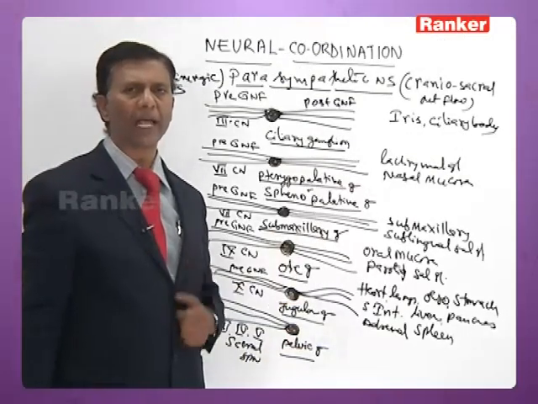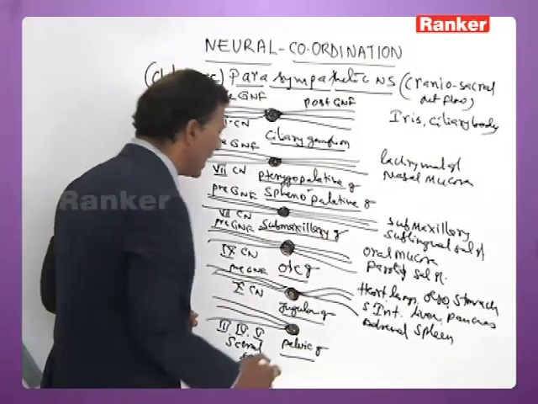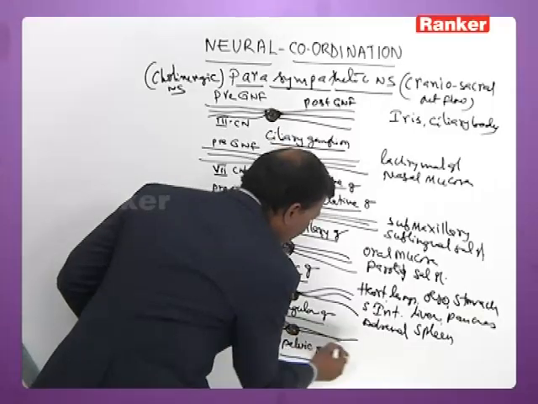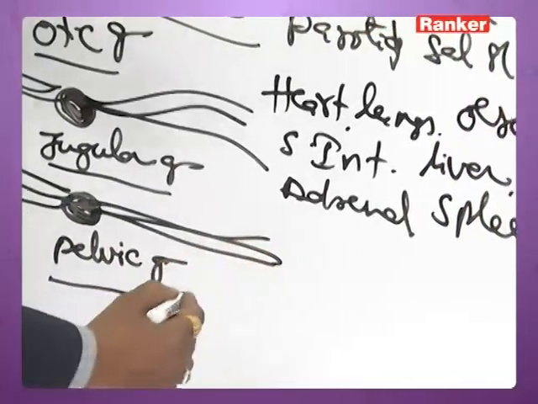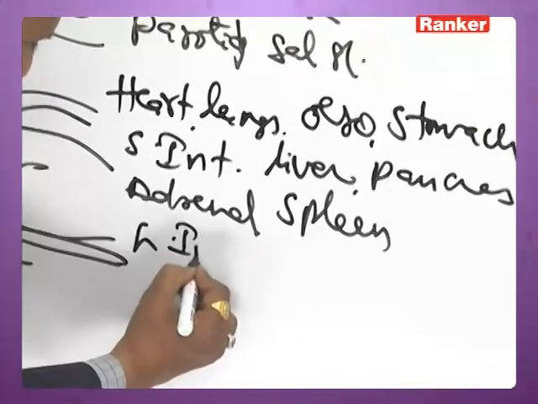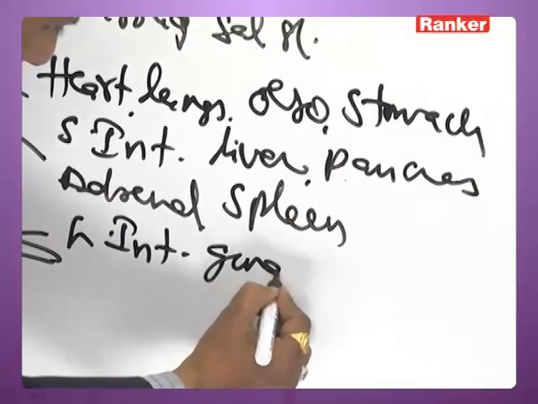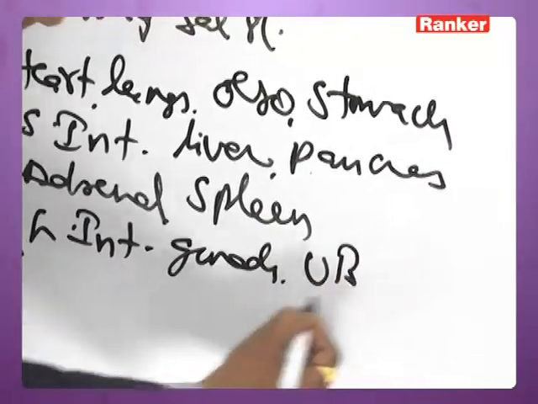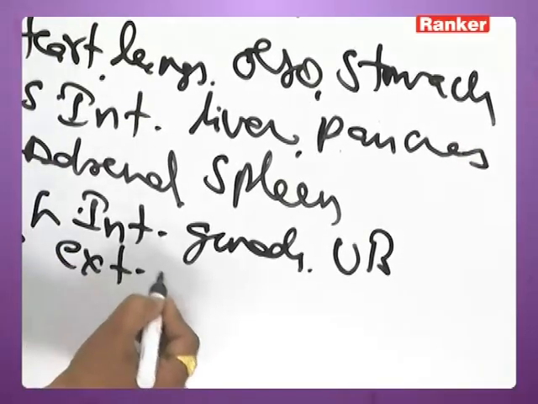And their postganglionic nerve fibers are supplied to the large intestine, gonads, urinary bladder, and external genitalia.